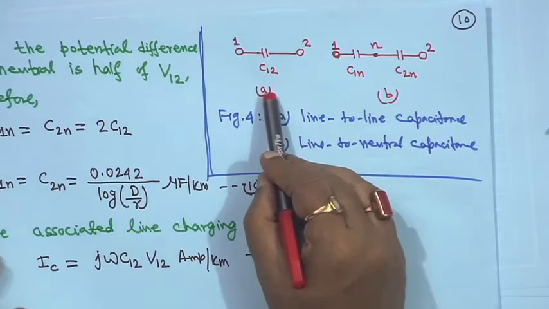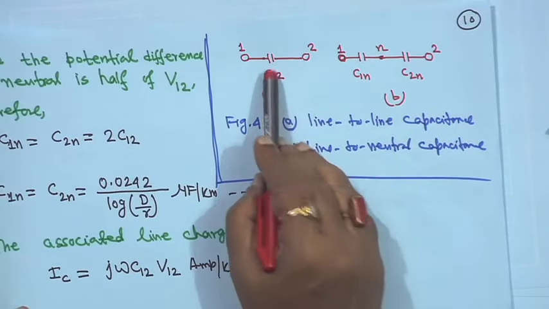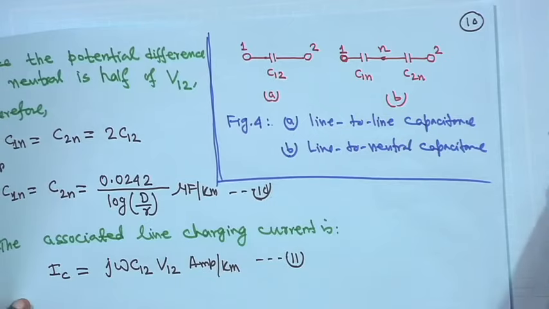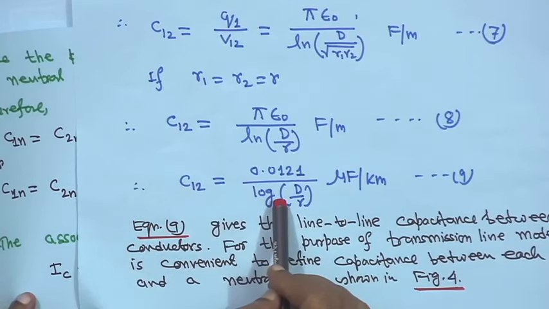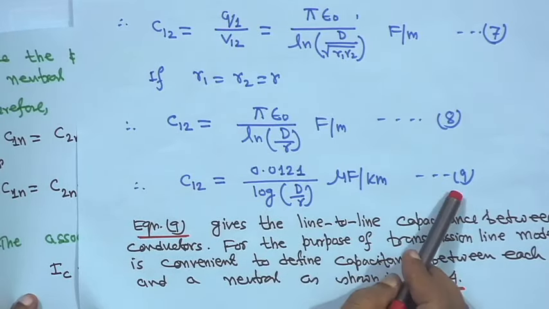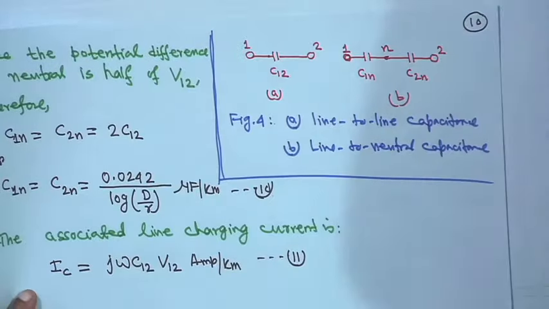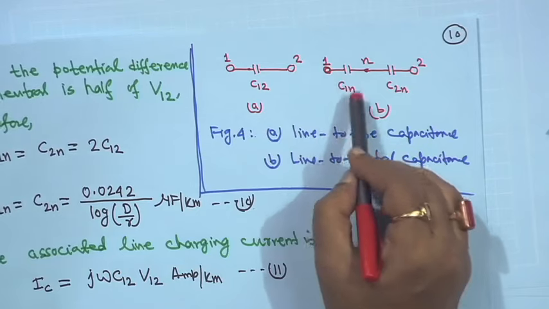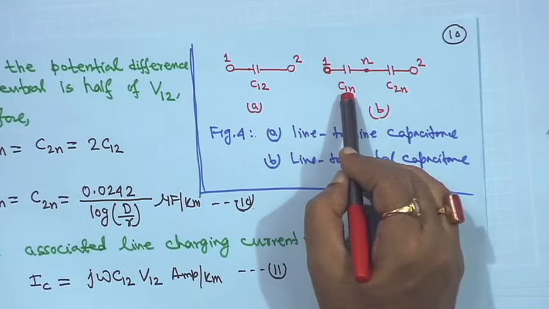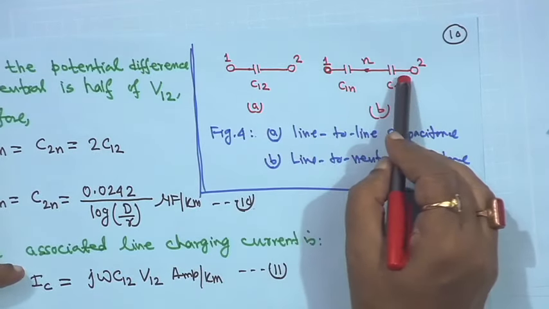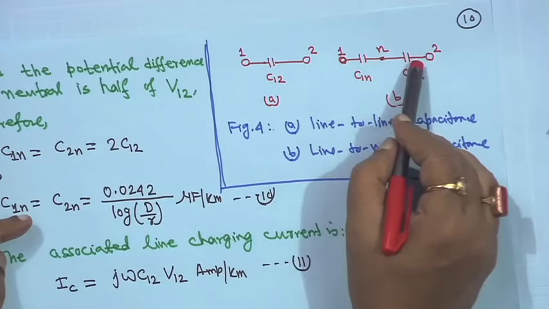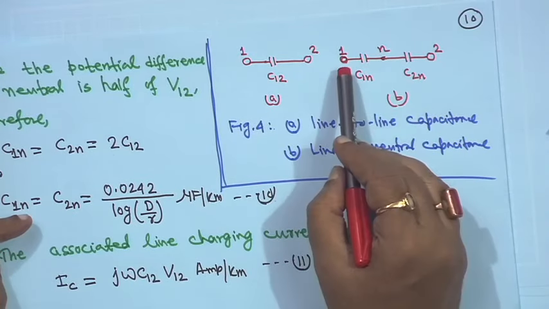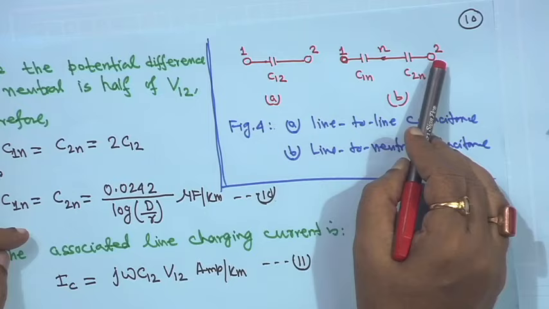So, between 1 and 2 this is C12, which is what you have got in equation 9. Now, if you have a neutral n in between, this side 1 to n is C1n and this is C2n, and these two are in series. This is conductor 1, this is conductor 2.